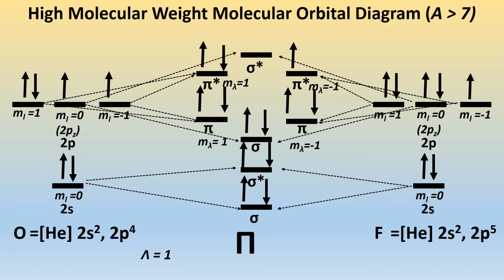Also, the one unpaired electron gives a total spin of a half, sigma equals a half, where 2 sigma plus 1 means that this term is doubly degenerate. 1 plus a half gives you 3 halves for omega, making the final term a 2 pi 3 halves.